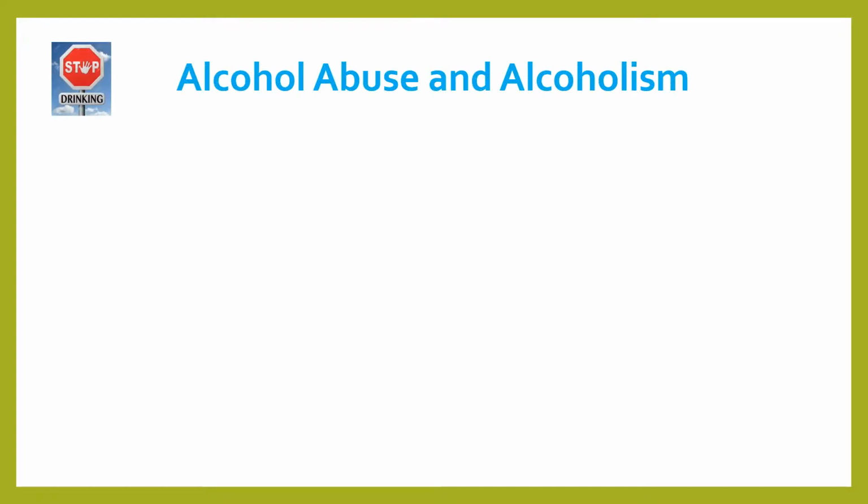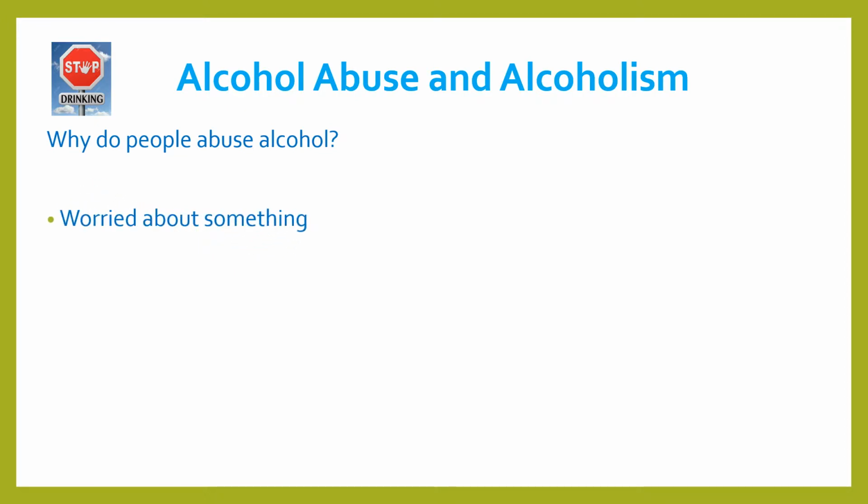Alcohol abuse and alcoholism. So why do people abuse alcohol? There are many reasons people come up with to justify their abuse. They are worried or upset about something. They may feel insecure around someone they like and are trying to get the courage to talk to them.